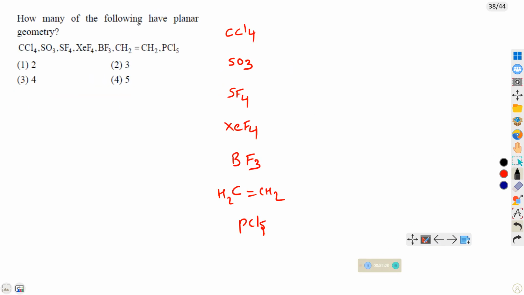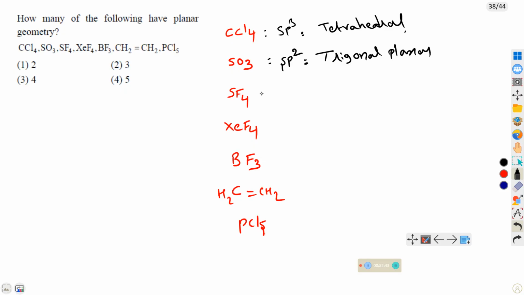How many of the following have planar geometry? CCl4 undergoes sp3 hybridization with 0 lone pairs, tetrahedral geometry. SO3 undergoes sp2 hybridization, trigonal planar.